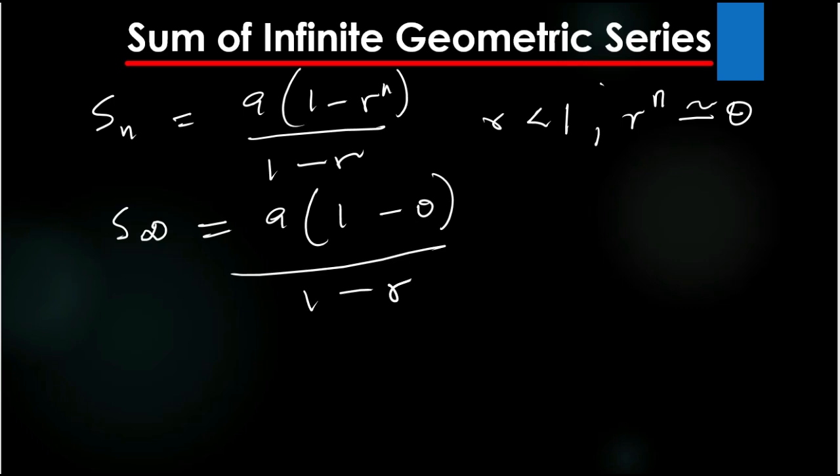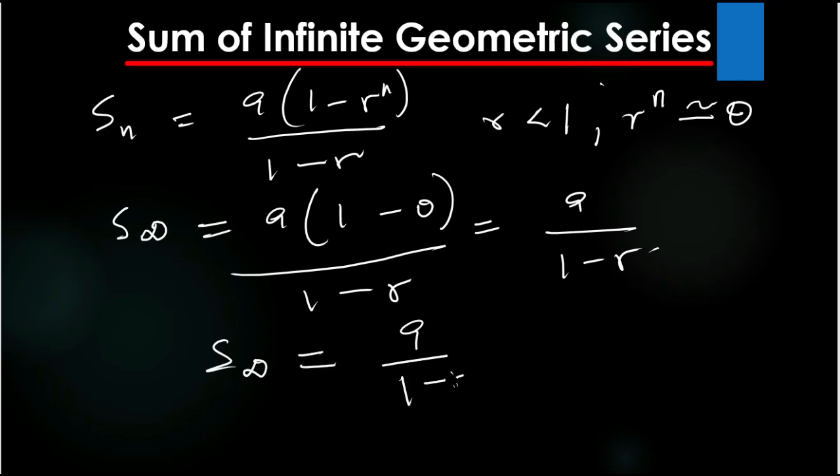This is the same thing as a times 1, which obviously is a over 1 minus r. Anytime we are saddled with finding the sum of an infinite geometric series where r is less than 1, the sum to infinity is the same thing as a over 1 minus r.